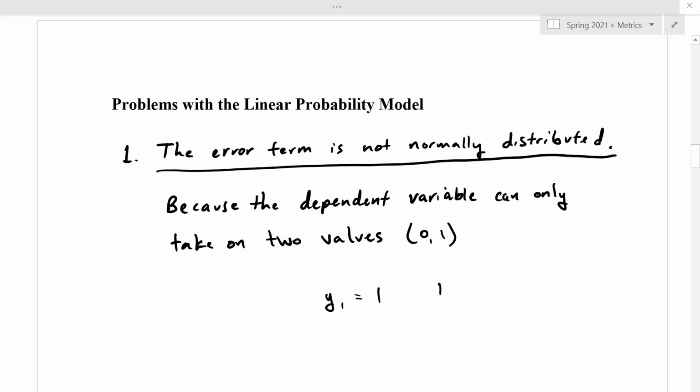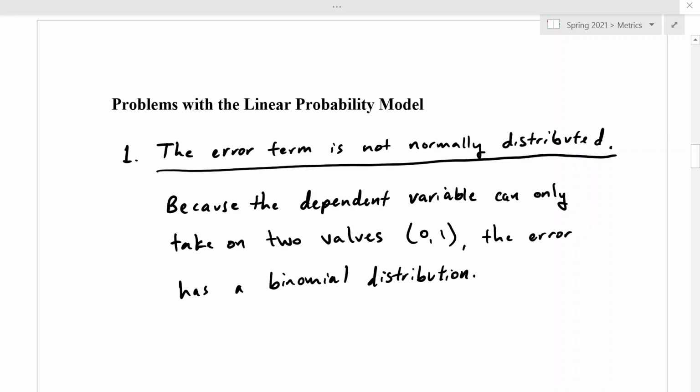So if you say it's going to be a 1 but it should be a 0, you're off by 1. If you say it's going to be a 0 but it's a 1, you're also off by 1. And anytime you're right, if it's a 1 and you say it's a 1, your error term is 0, and so on and so forth. So as a result of this phenomenon, the error term has a binomial distribution.